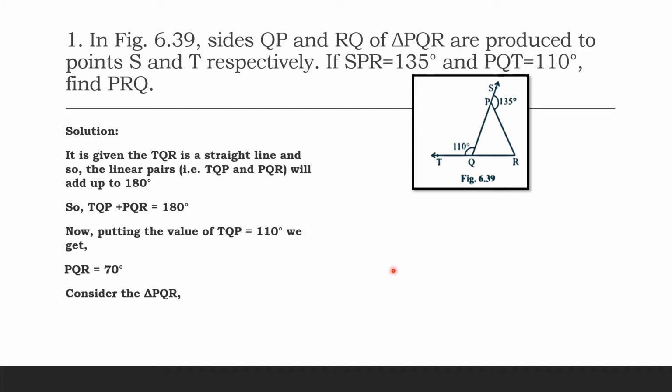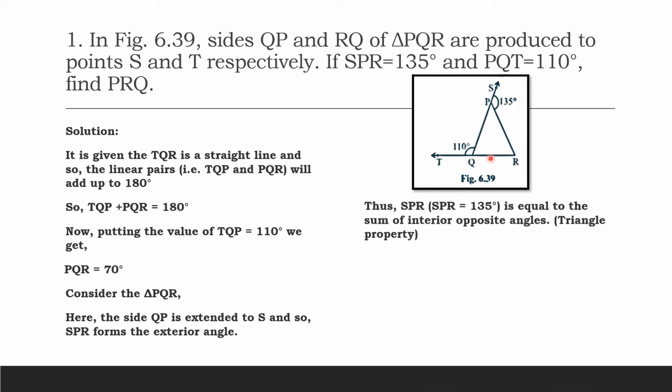Consider triangle PQR. Here the side QP extends to S, and so SPR forms an exterior angle. You can see that QP is extended to S, so SPR would form an exterior angle, and when SPR is 135 degrees, it would be equal to the sum of the interior opposite angles.